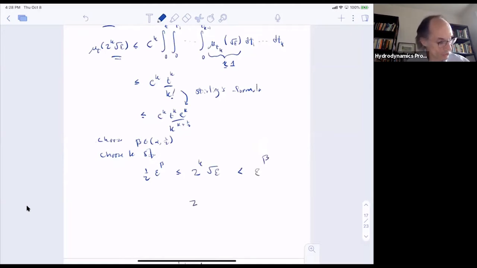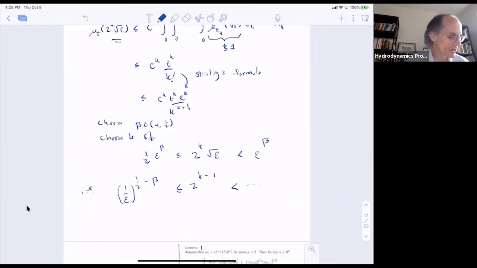In other words, 2 to the k minus 1 is bigger than 1 over epsilon to the 1/2 minus beta, and is less than something.